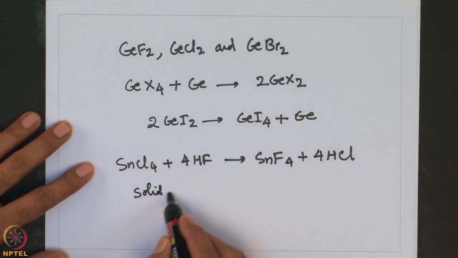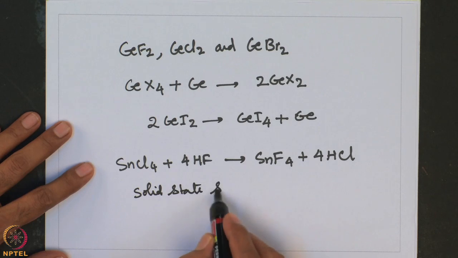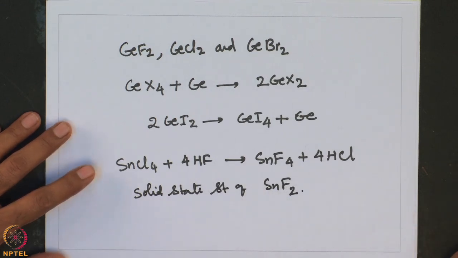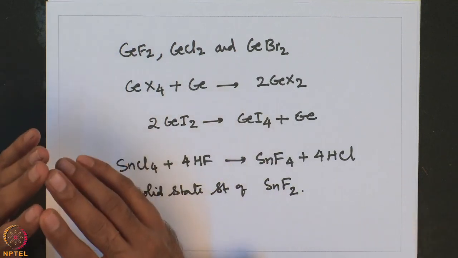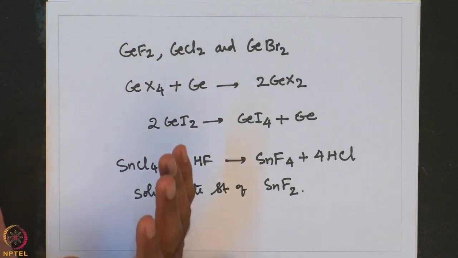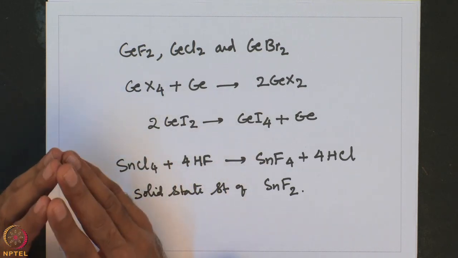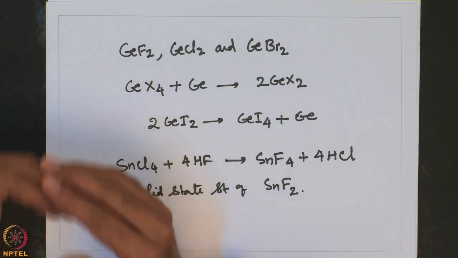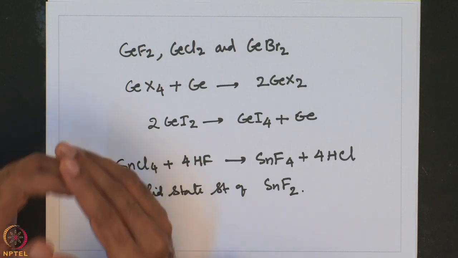The solid state structure of SnF2 would be interesting. Basically what happens, it undergoes cyclization to have a tetrameric structure with each tin being trigonal bipyramidal, and of course, if it is trigonal bipyramidal, we have to go for valence shell electron pair repulsion theory to see, although it is 3 coordinated, why it is trigonal bipyramidal.